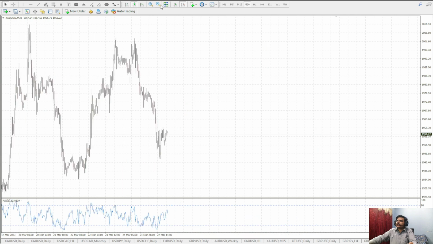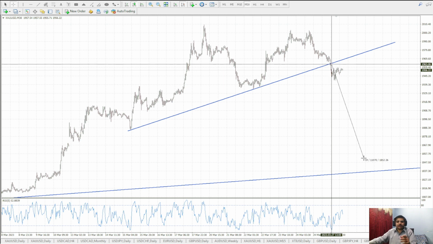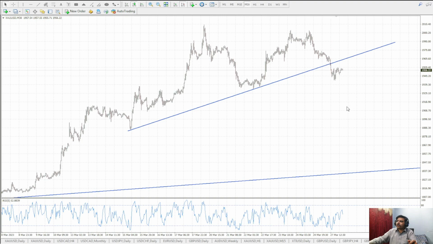Here if you see, there is another trend going on, and that is also an uptrend. Till here it was an uptrend, it was supposed to take a bounce, it did not, it broke. Now if I am a 30-minute time frame trader, obviously this will be a point of concern for me.